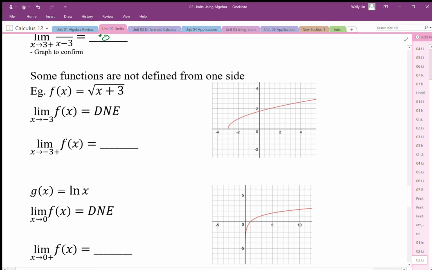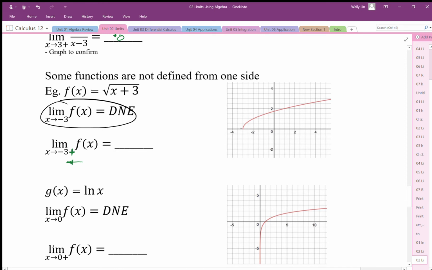So if we were to say that this is a two-sided limit coming from this side and this side, we'd have to say that the limit doesn't exist because there's no limit from one side. There's no limit from the negative side. So for these functions, we can only define the limit from one side. So as we approach the -3 value from the positive side, we can approach it from this direction.